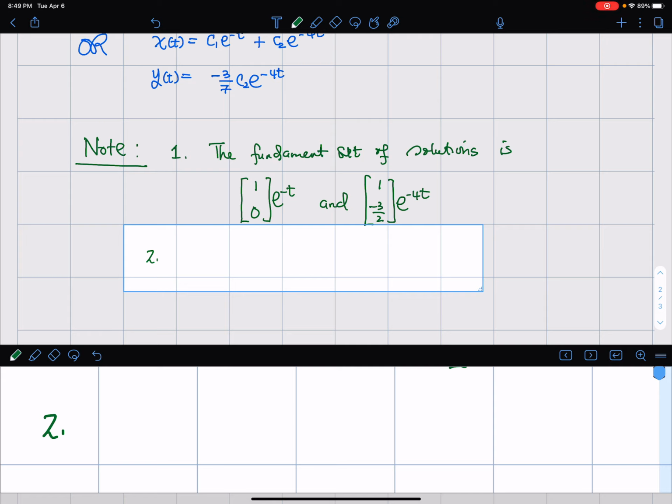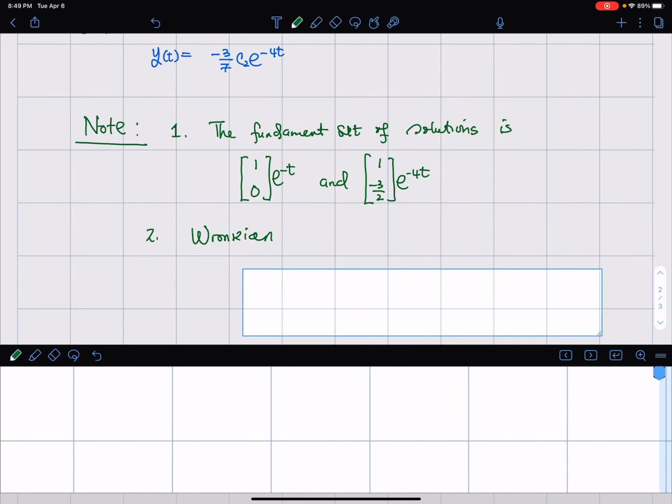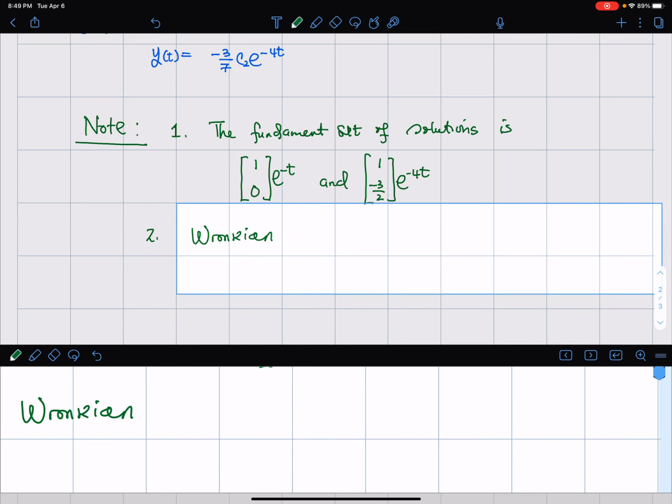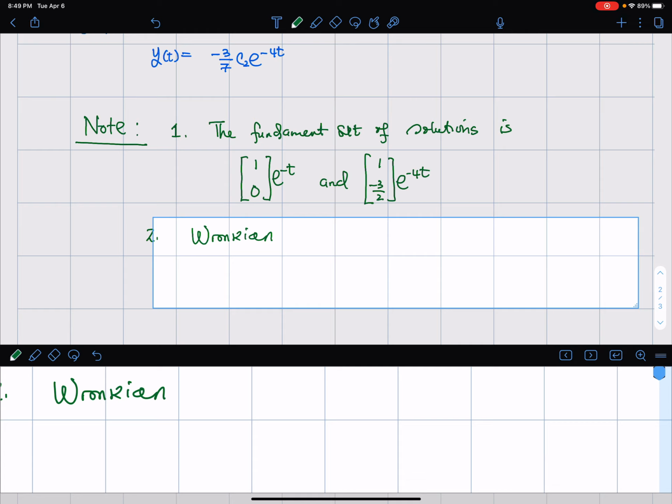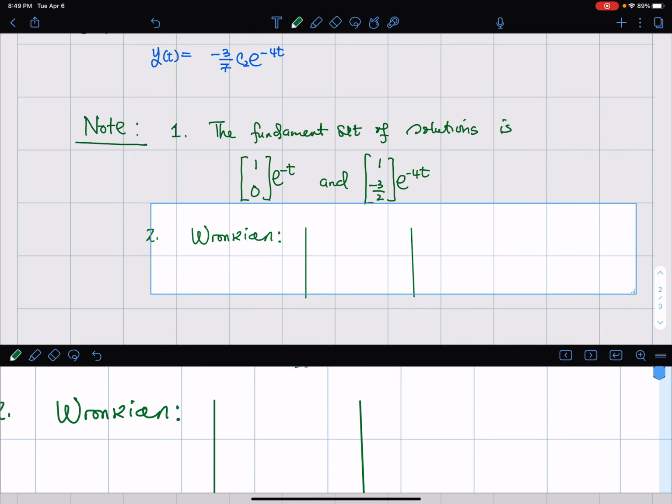Linearly independent. First of all, to show that, let's compute the Wronskian. Here we don't need to take the derivative like we did when doing the Wronskian for just one differential equation. All we need to do is make each solution a column of a matrix.